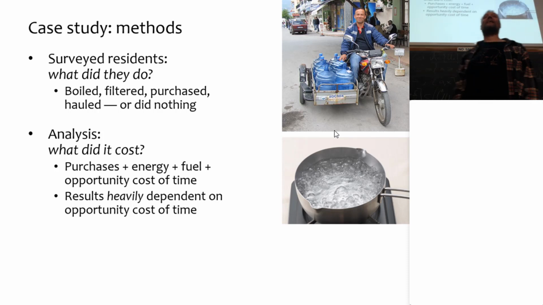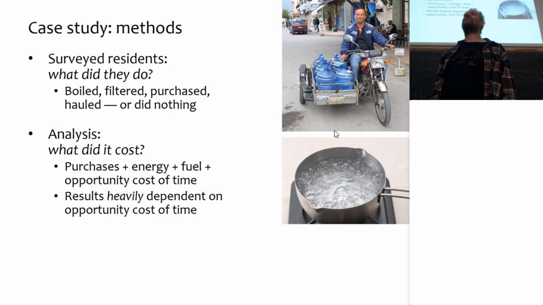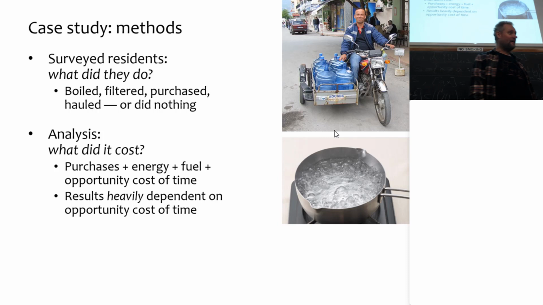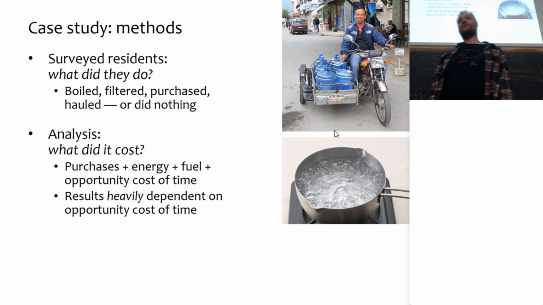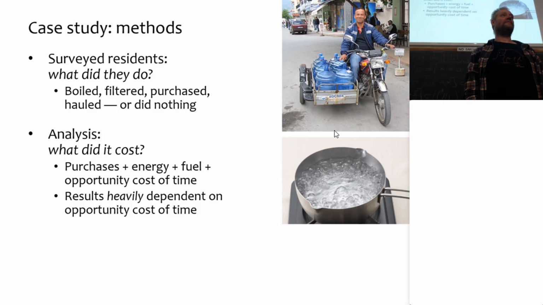If you send out a guy in prime working age to get the water, then it is expensive, right? If you send out somebody with very low skills, then it is not nearly as expensive, right? Or if you send out somebody who is unemployed, then it's not nearly as expensive, right?